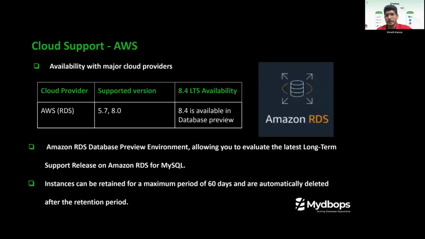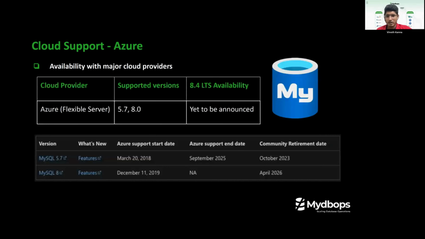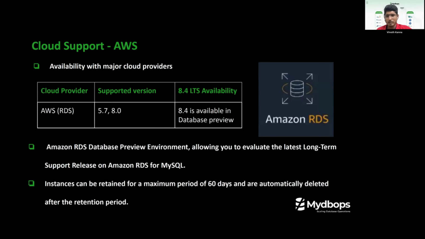It is not completely available right now as a GA release, but we can expect it soon, since it's almost a quarter after its release. We are expecting the GA release from AWS very soon because it's already in database preview.